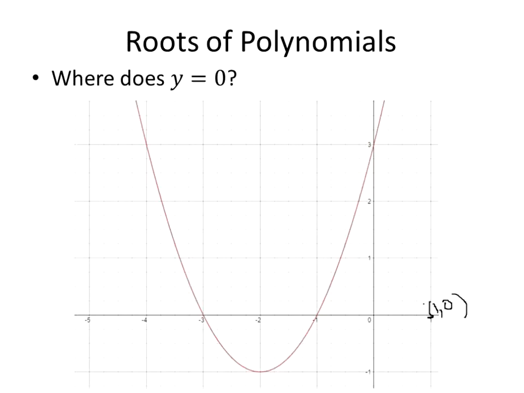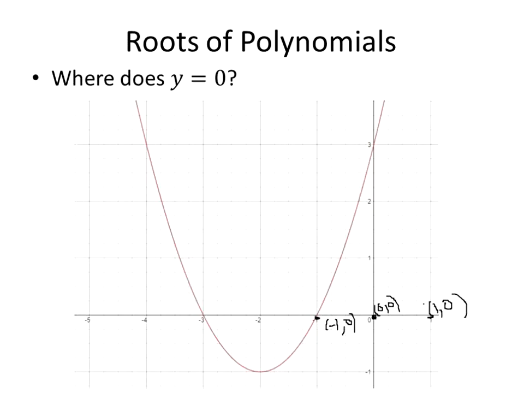What's the y value there? 0. If I name this point right here, it would be (0, 0). What's the y value? 0, right? If I name this point right here, it'd be (-1, 0). What's the y value?